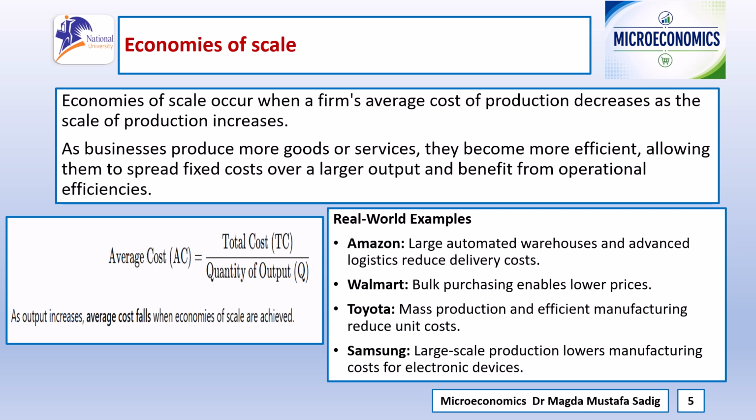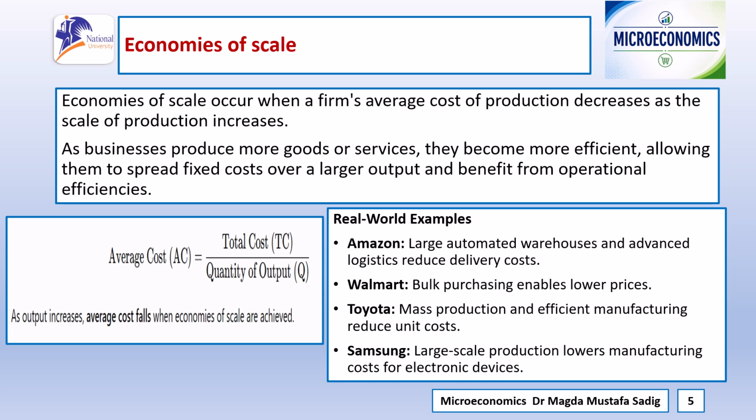Let us come to economies of scale. Now let us move to a closely related concept, the economies of scale. Economies of scale occur when producing more goods reduces the average cost per unit. In simple words, larger production leads to lower cost. Why?